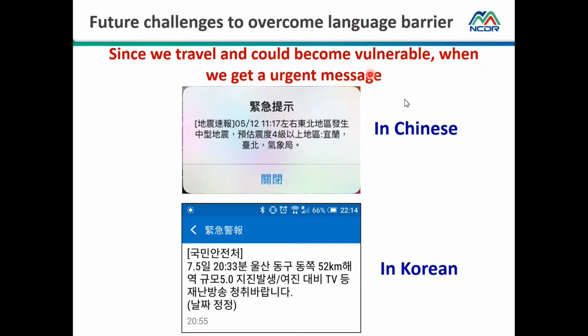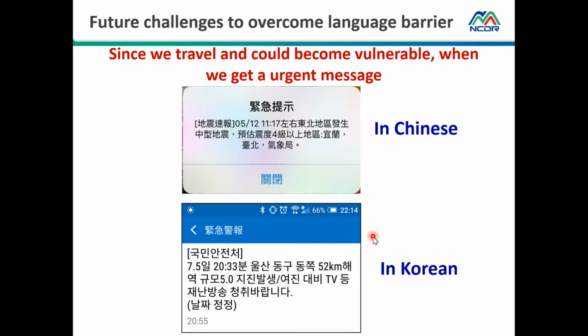But another thing is that right now in Taiwan, we want to help people pay attention to earthquakes. So whenever you have a chance to travel in Taiwan, as I showed in the previous slide, you will receive an early warning. We use the cell phone to send the early warning. Right now, if you travel in the Asia Pacific, you might receive a warning in Chinese or Korean.